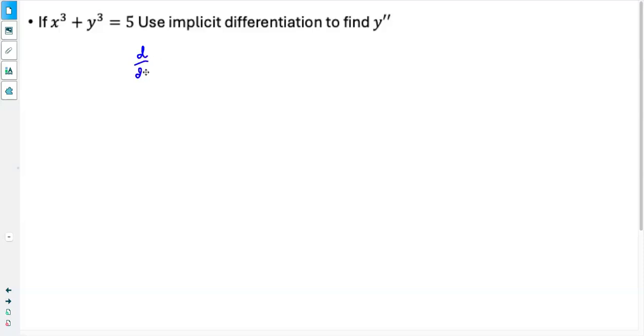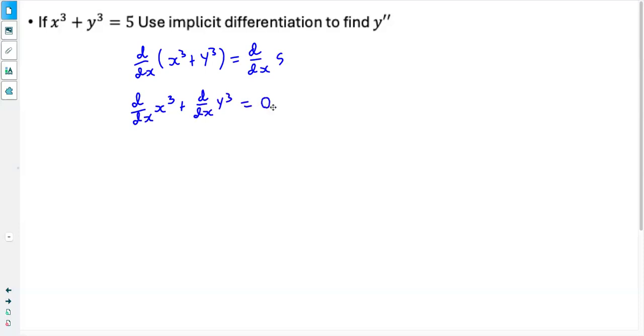So we have d over dx of x cubed plus y cubed equals d over dx of 5. So this is the same as d over dx of x cubed plus d over dx of y cubed equals d over dx of 5, which is just 0.